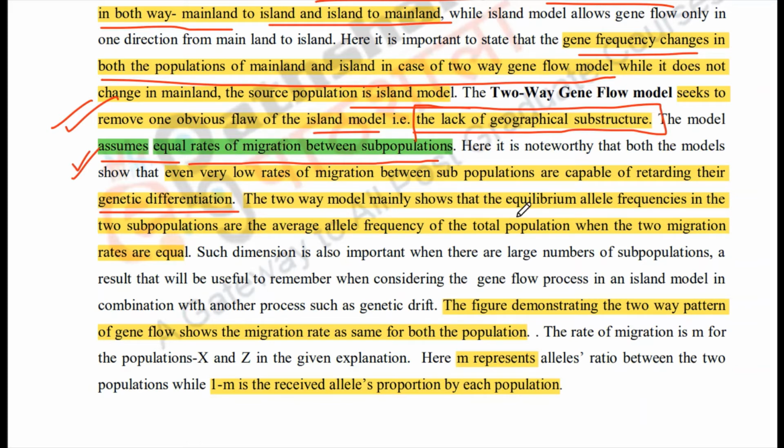The two-way model mainly shows that the equilibrium allele frequencies in the two subpopulations are the average allele frequency of the total population when the two migration rates are equal.